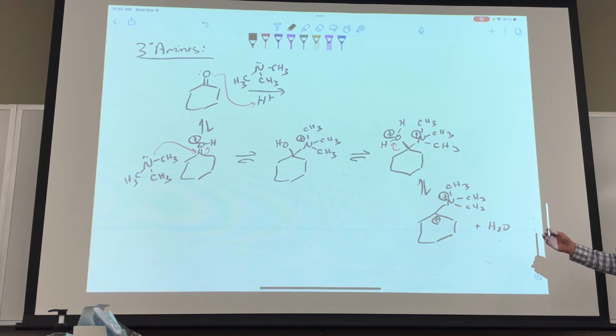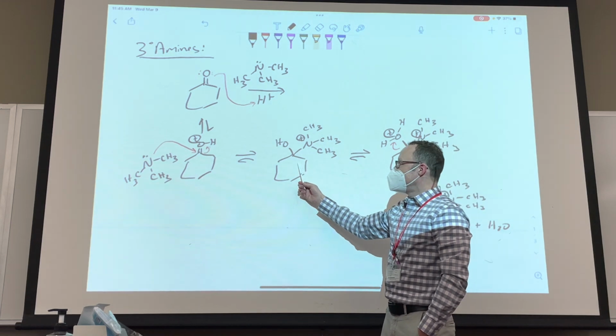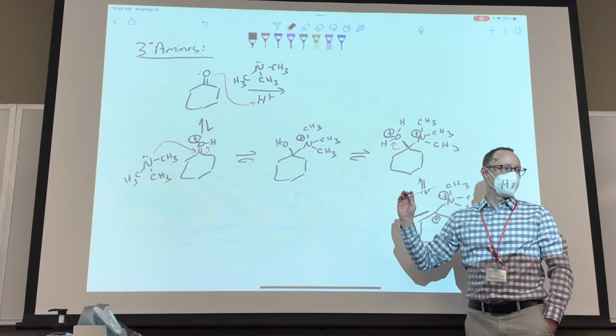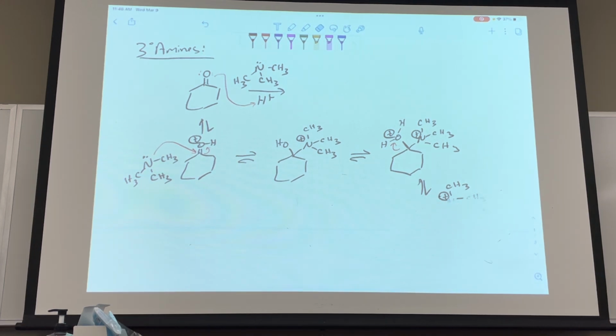So the point is, once this occurs, you're pretty much stuck. There's no way you can push this in a forward direction because there's no way to resolve the charge on nitrogen. And so none of this happens, right? All of this is just too much.